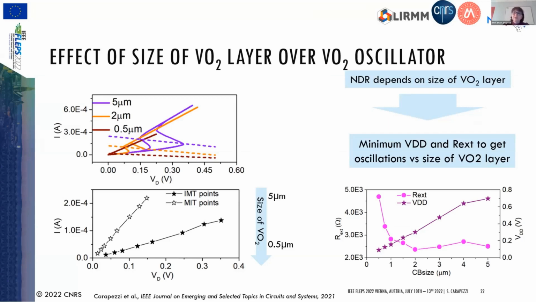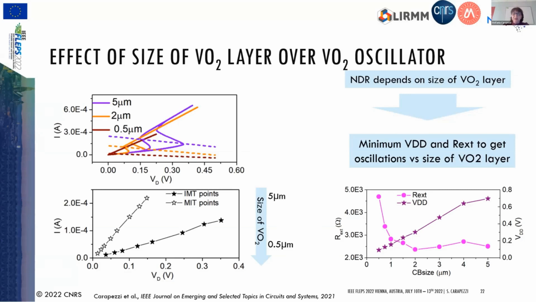That means that this negative differential resistance region also varies with the size of the vanadium dioxide layer. In particular, you can identify the condition, which is the minimum VDD and external resistance that you can apply in order to have oscillation, because the load line that gives you these values is the one passing through the IMT and MIT points.